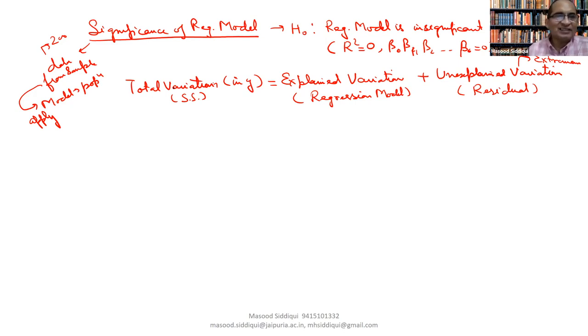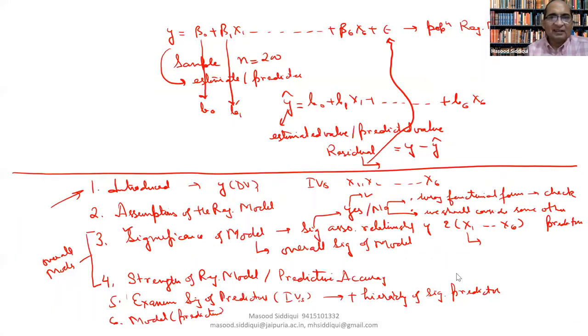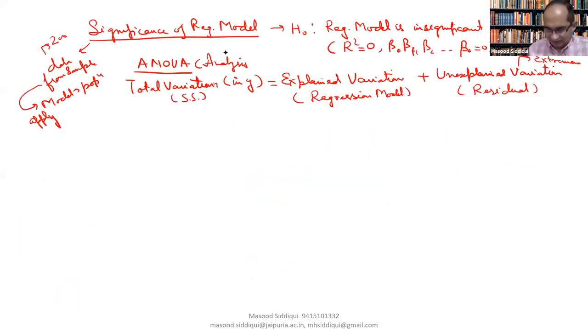Since again we are considering variation, this concept is known as analysis of variance, or ANOVA. This is the total variation.